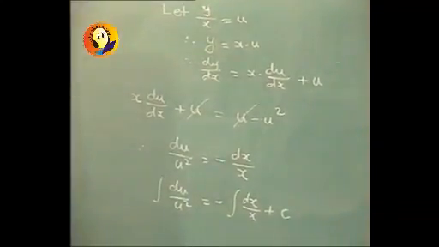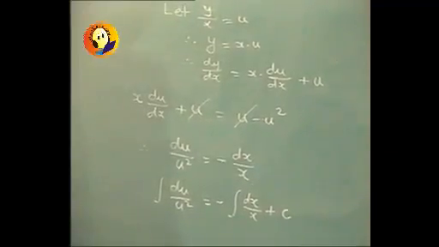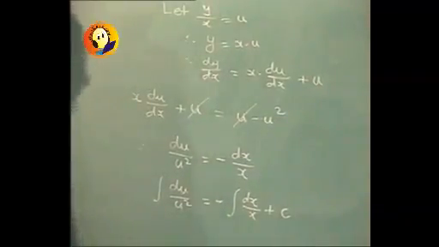Integration of 1 upon u square, that is u raised to minus 2, will be u raised to minus 2 plus 1 upon minus 2 plus 1, or you can directly remember the formula that integration of 1 upon u square is minus 1 upon u.